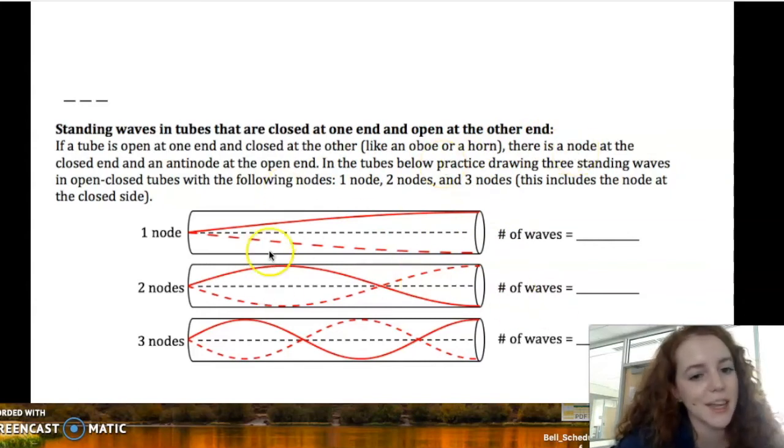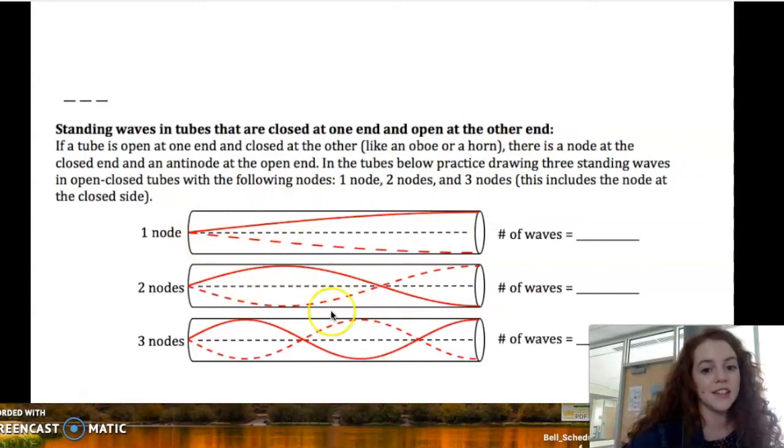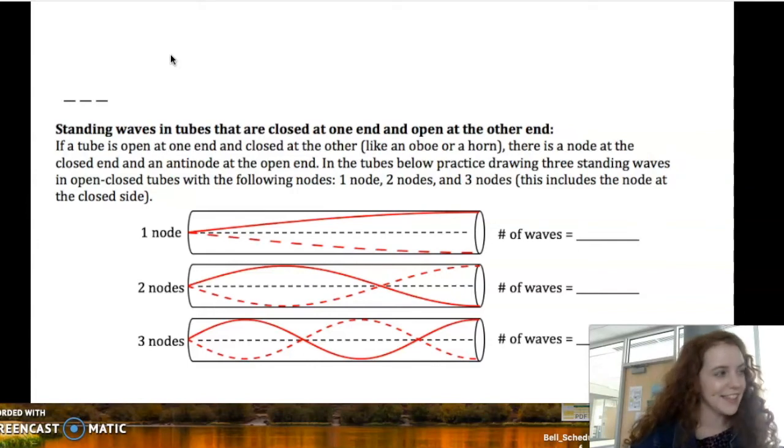But this time, maybe use the bubble method, focus on one of the lines, whether it be the solid one or the dotted one, and count your waves, make a guess. So guess, and then we can always correct it, but I do want you to try to count them on your own. And be careful with this one, it's a little tricky.